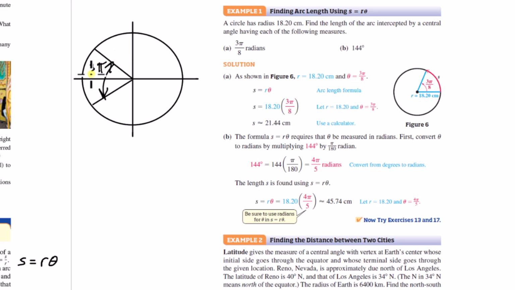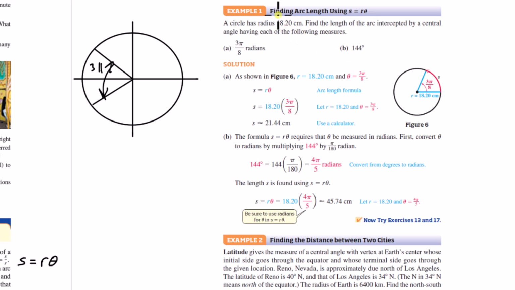What's the length of this arc? That's what they're saying. This arc is intercepted by this angle. So what's the arc length? Okay, well, the radius of the circle is 18.2, so just multiply that by 3 pi over 8, and you're done. Here, you just need to convert this to radians, then multiply by 18.2.